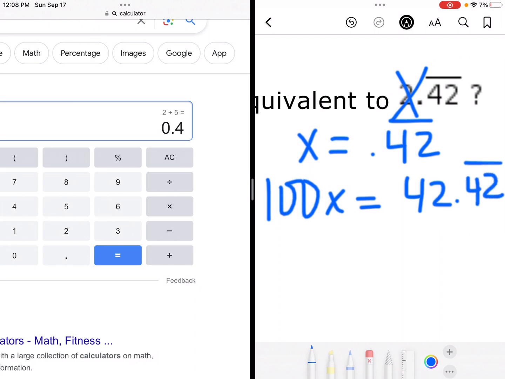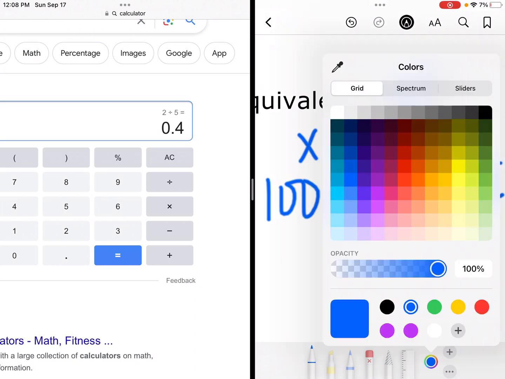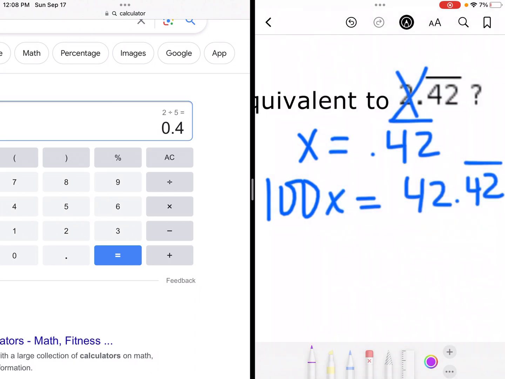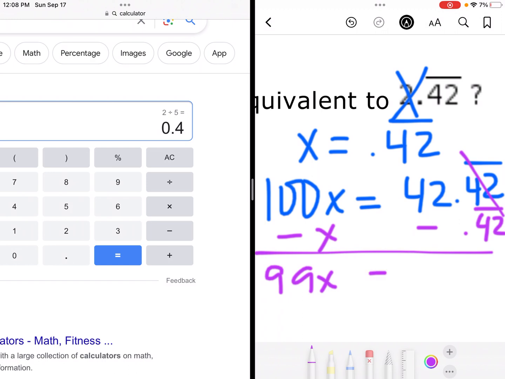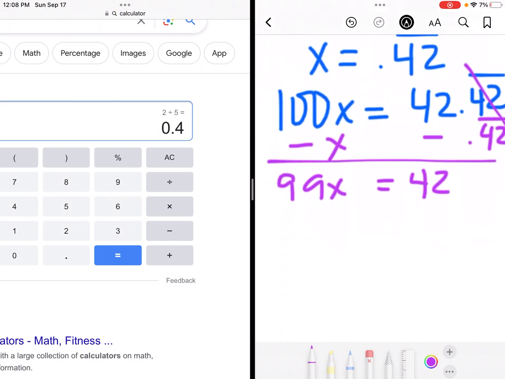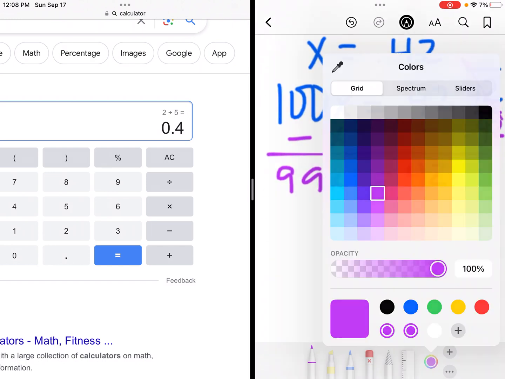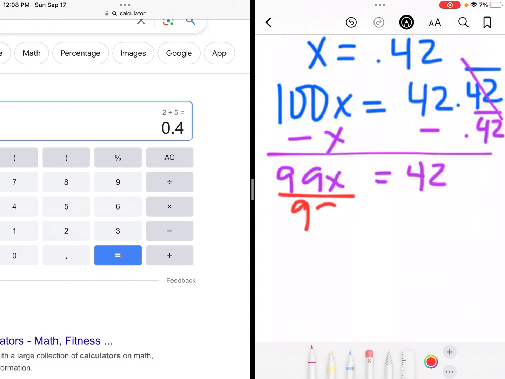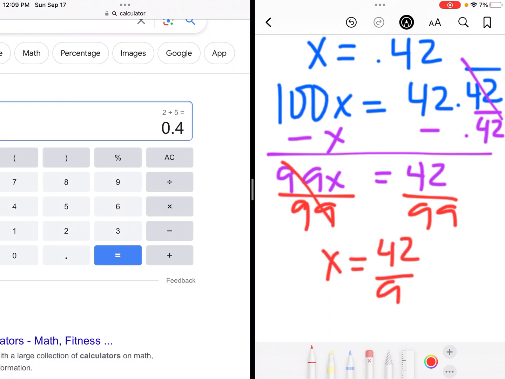So I'm going to subtract off x and subtract off the 0.42 repeating. So I end up with 99x equals 42. I'm going to divide by 99, and I end up with x equals 42 over 99.